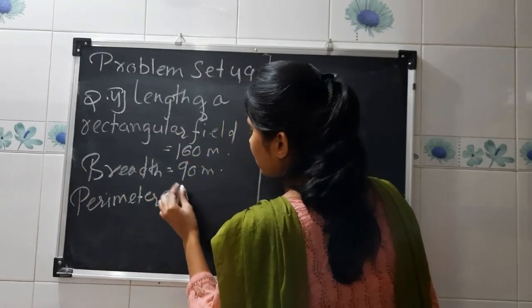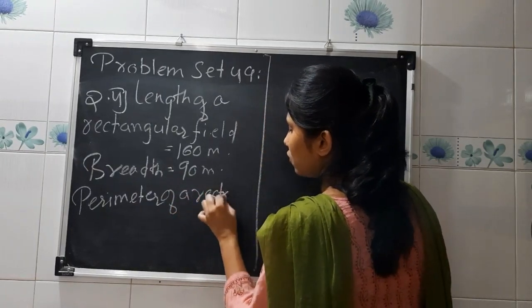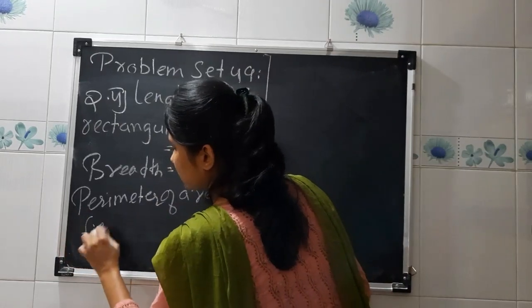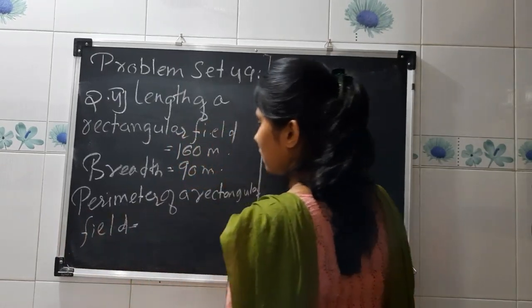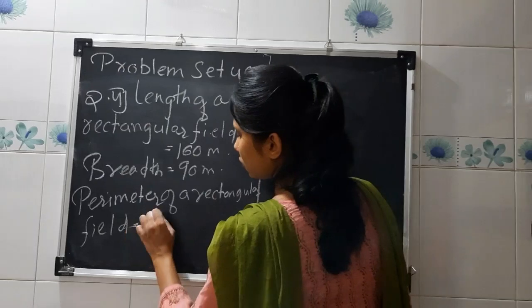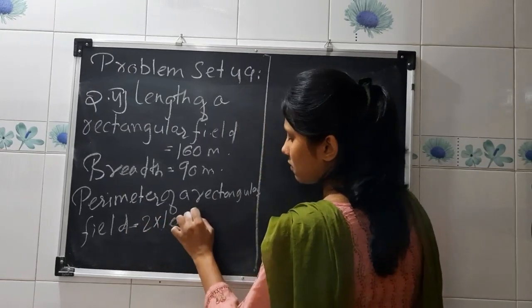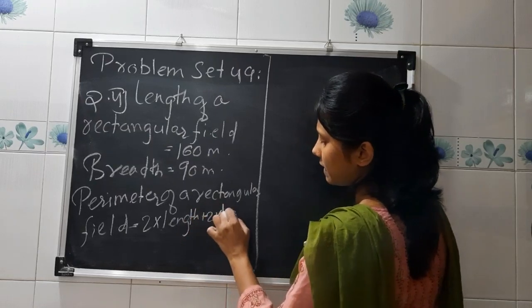Perimeter of a rectangular field is equal to 2 into length plus 2 into breadth.